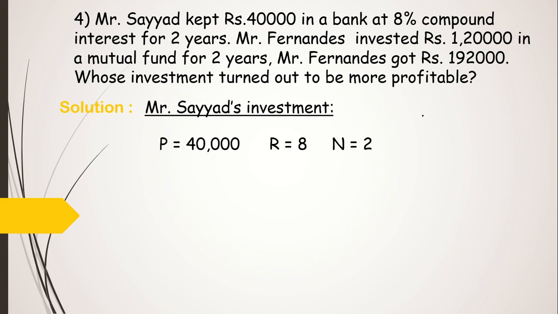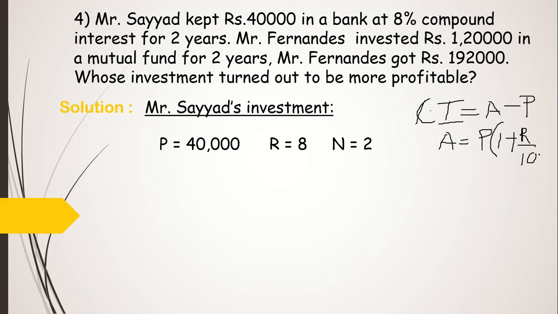Now compound interest formula. We know compound interest is amount minus the principal. Formula for compound interest is amount minus the principal, and amount formula we know it is P in the bracket 1 plus R upon 100 raised to N. So we use this formula and we solve it.